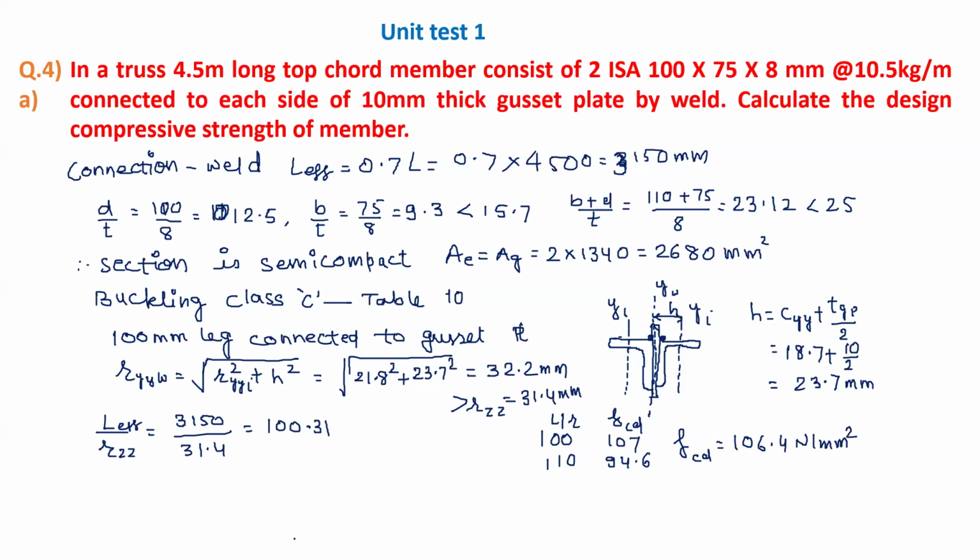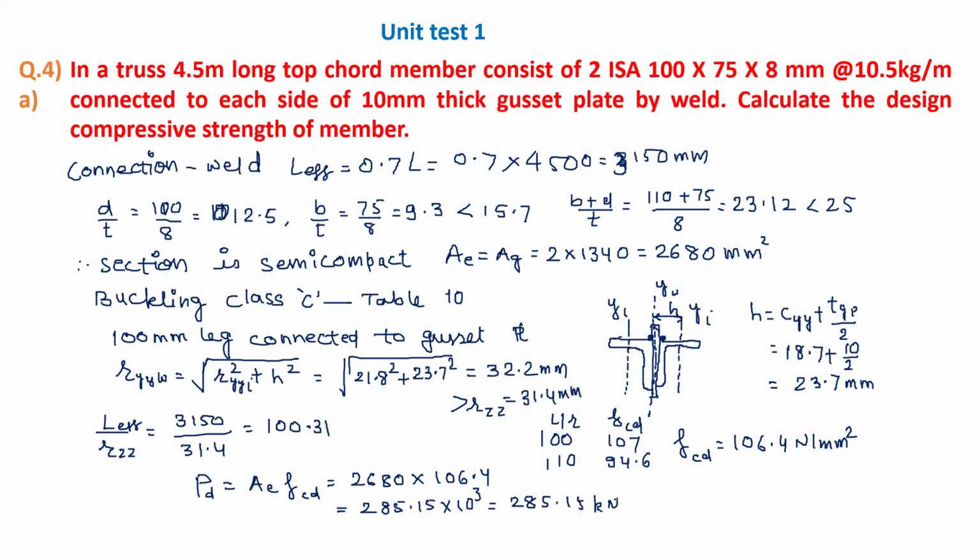And then we have PD, the design compressive strength, AE into FCD. AE we have 2680, FCD is 106.4, and we have the value of PD as 285.15 into 10 raised to 3 newtons, equal to 285.15 kilonewtons.